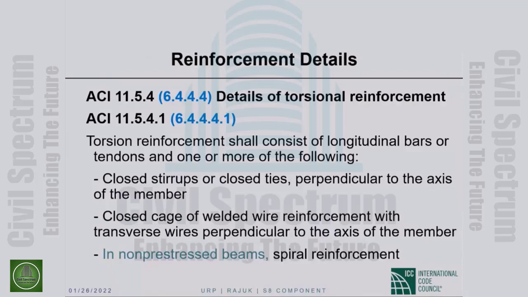Closed cage of welded wire reinforcement with transverse wires perpendicular to the axis of the member. I don't know how much welded wire you have, so I probably will not try to explain this transverse wire. In non-pre-stressed beams, you can also have spiral reinforcement as your transverse reinforcement.